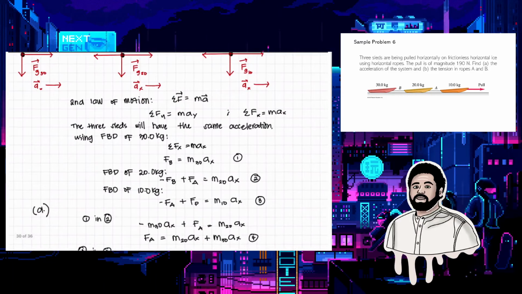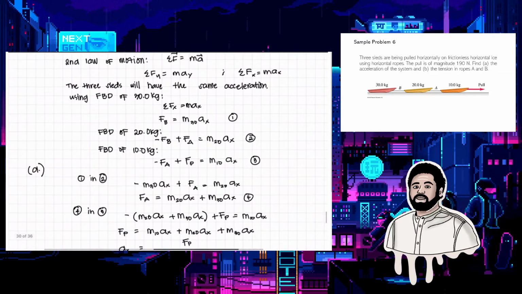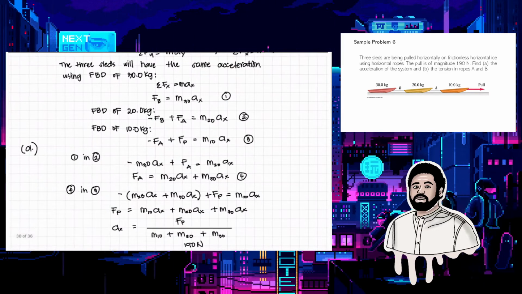So we could solve our acceleration from these 3 equations simultaneously. I just start with equation 1. I will substitute equation 1 into equation number 2. Doing algebra, I have FA equal to M20AX plus M30AX. Let that be equation number 4, because we cannot solve yet for acceleration X as we don't have FA. So from equation number 4, you substitute it into equation number 3.